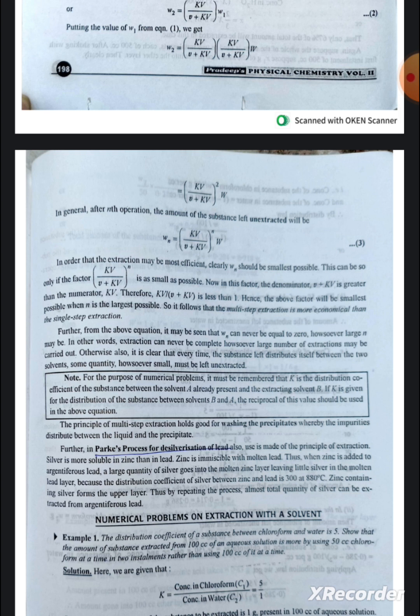Thus, when zinc is added to argentiferous lead, a large quantity of silver goes into the molten zinc layer, leaving little silver in the molten lead layer, because the distribution coefficient of silver between zinc and lead is 300 at 880 degrees Celsius. Zinc containing silver forms the upper layer. Thus, by repeating the process, almost the total quantity of silver can be extracted from argentiferous lead.